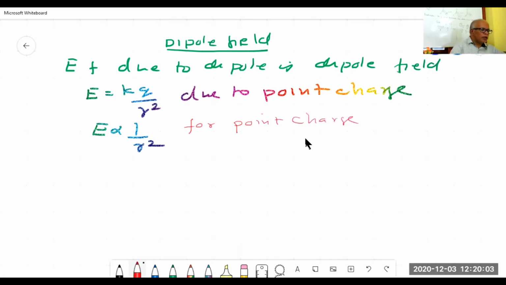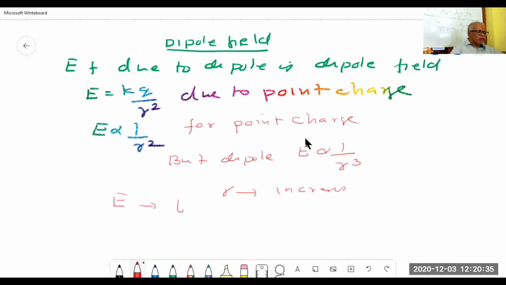But for a dipole, we'll prove that E is proportional to 1 by R cube. What does it show? When R increases, the electric field decreases very fast.